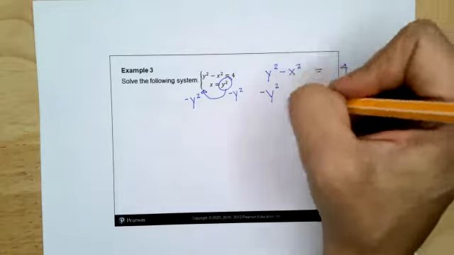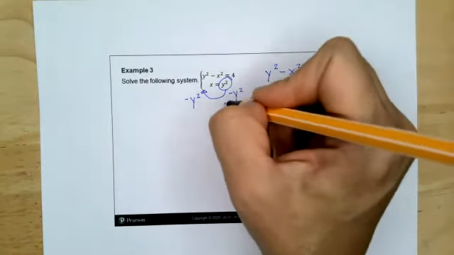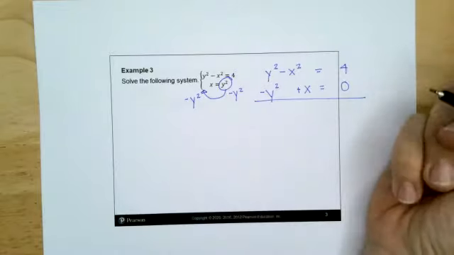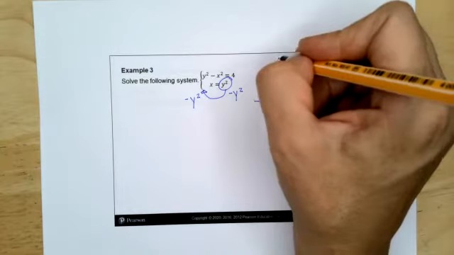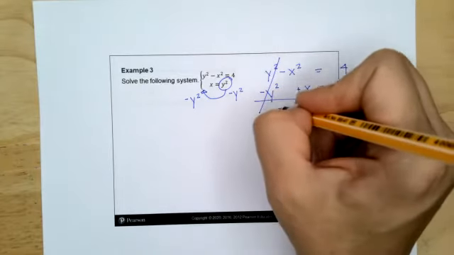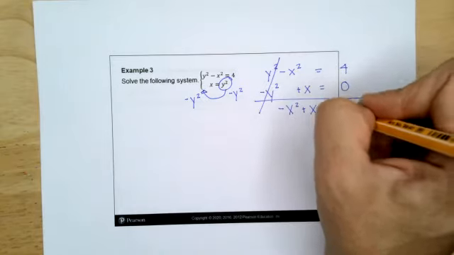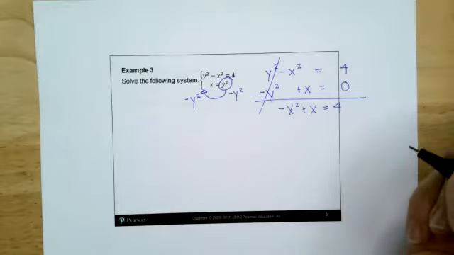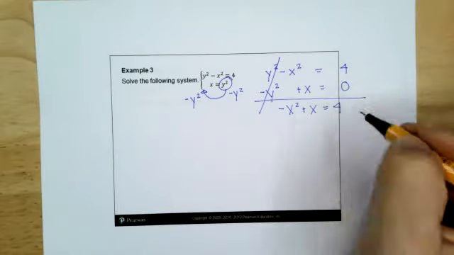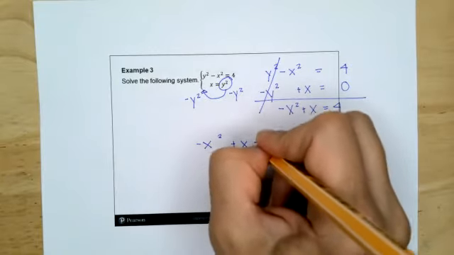I left space for the x squared because it's not the same as the x. By moving it, I made it negative, thus canceling it out. So those cancel. Negative x squared plus x equals 4. Good. All right. Now I have negative x squared plus x equals 4.